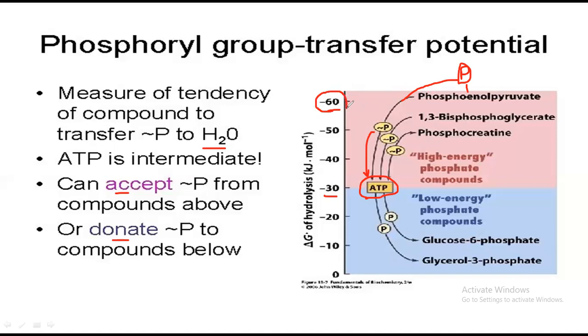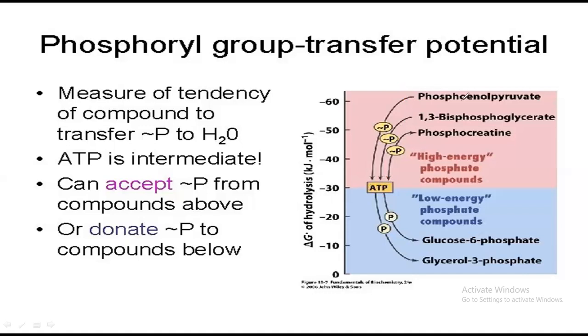and it produces 60 kilojoules per mole of energy, and that energy is used in the metabolic process, and it can also be used in the synthesis of ATP. I will discuss it in a later slide. Just keep in mind that ATP is at the intermediate level.